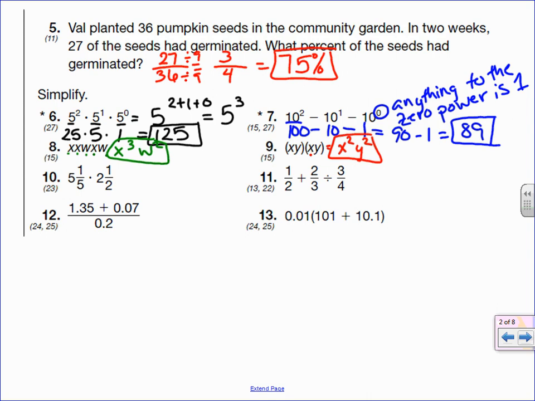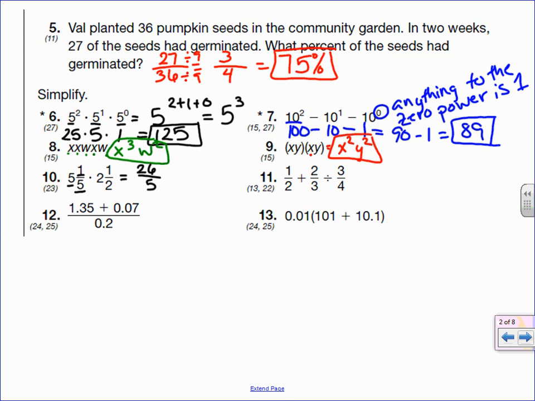In number 10, what we need to do is first convert them into improper fractions, and we do that by taking the whole number, 5 in this case, and multiplying it by the denominator, 5. So 5 times 5 is 25. And then we add it to the numerator. So we have 26 fifths.